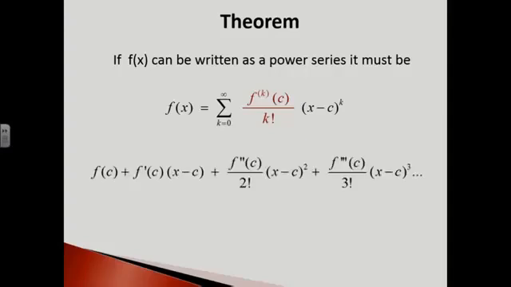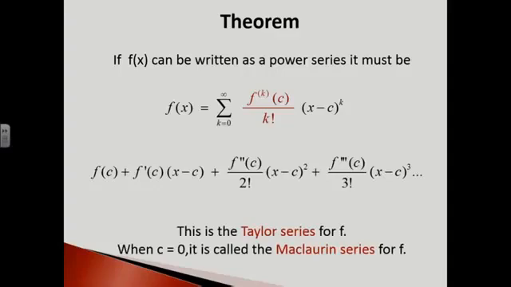We can list the terms of the series: f(c) plus f prime of c multiplied by x minus c plus f double prime of c divided by 2 factorial multiplied by x minus c squared plus f triple prime of c divided by 3 factorial multiplied by x minus c to the power of 3. This is the Taylor series for f. When c equals 0, this series is called the Maclaurin series for f.